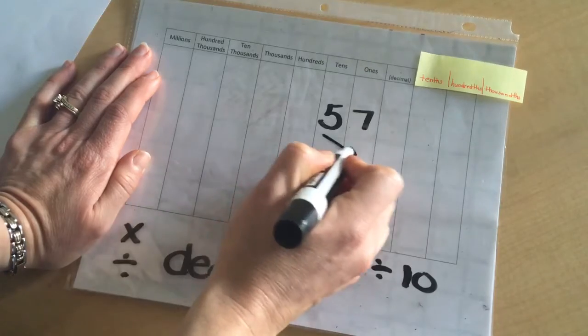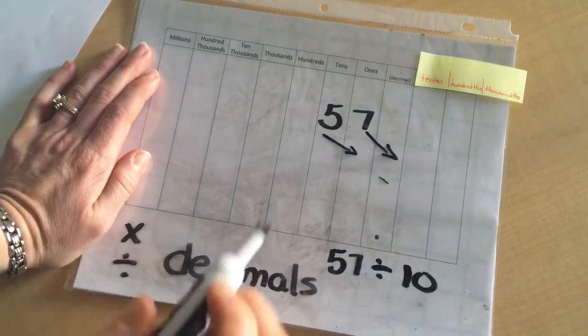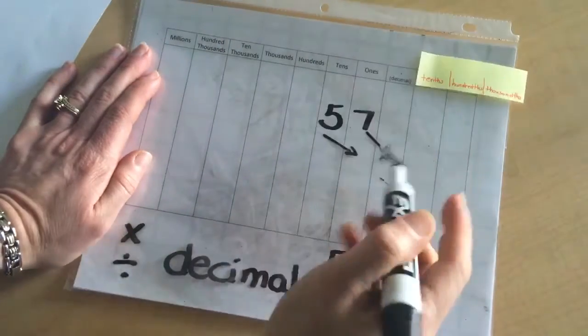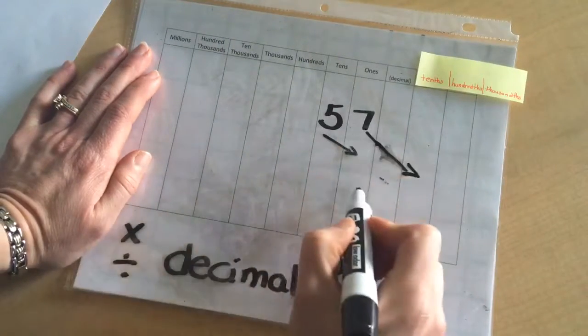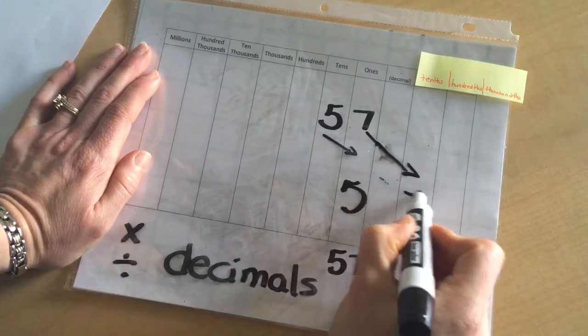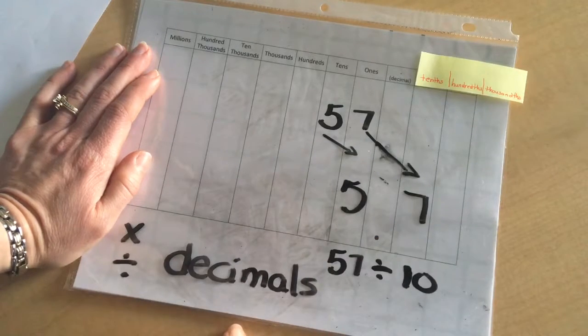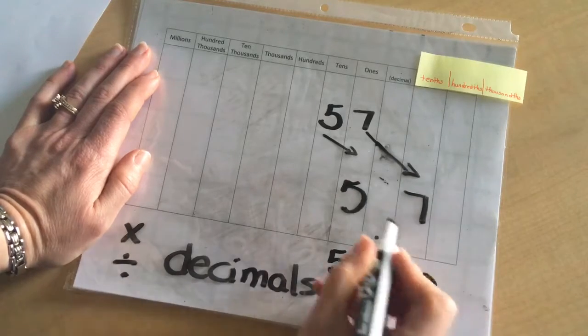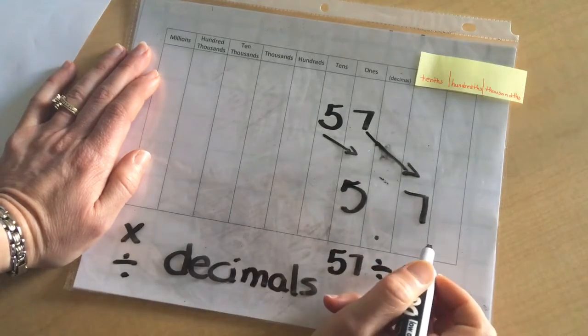So we know we shift backwards when we divide by 10. So now this is going to shift a little further because there's a decimal there: our 5 goes in our ones place and our 7 goes in our tenths place. So 57 divided by 10 would be 5 and 7 tenths.